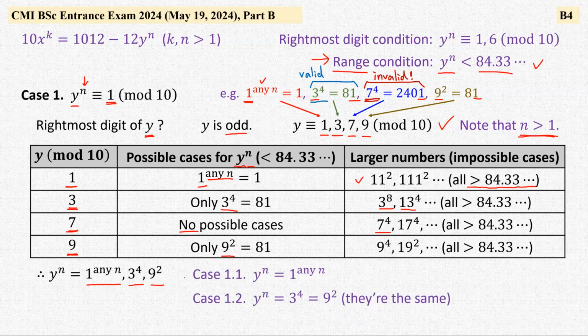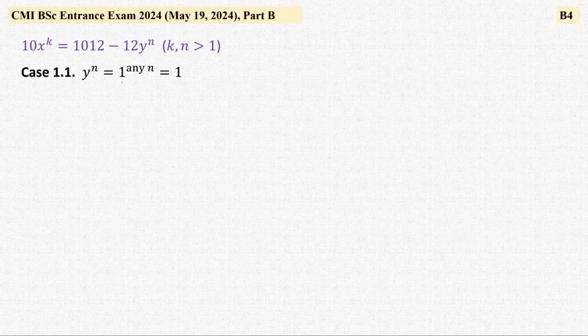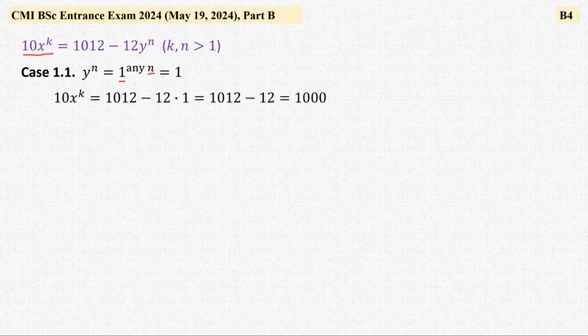Actually, we only need to divide into two cases, because 3 to the 4th power and 9 squared are the same, hence they have the same effect in the equation. So first, y equals 1, and n can have any integer values greater than 1. Then 10 times x to the power of k, which is equal to 1012 minus 12 times y to the power of n, gives the value 1012 minus 12, hence 1000.